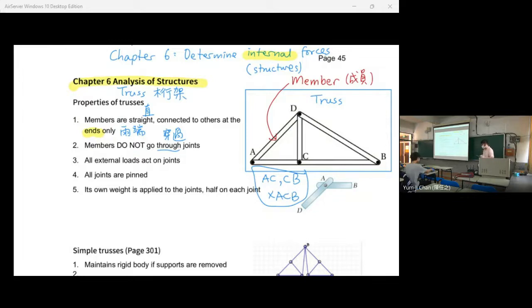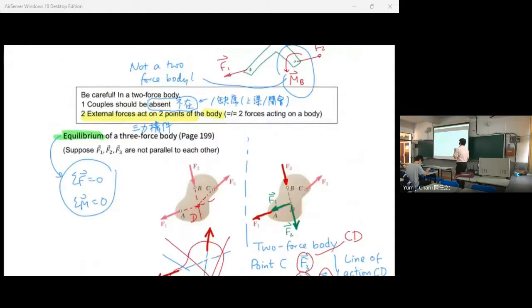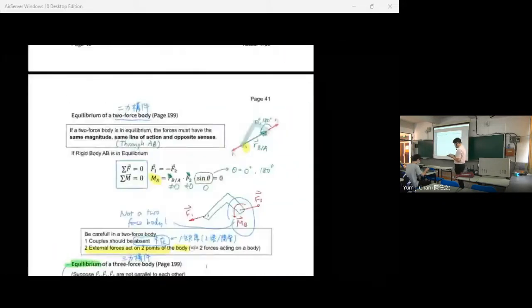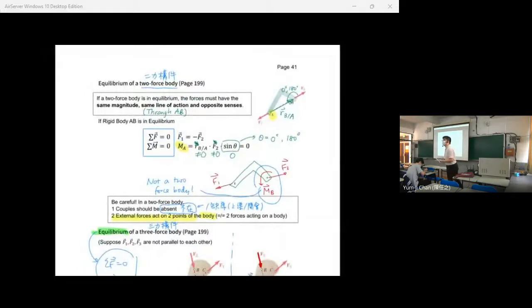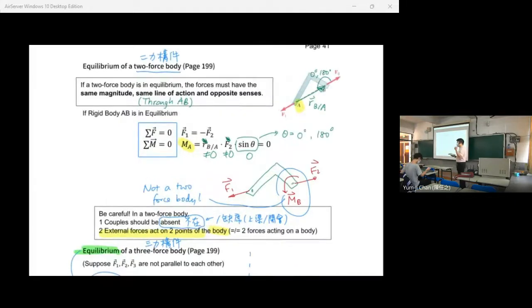Let's go back to page 41. And what have we learned on Tuesday? We have two force bodies and three force bodies.